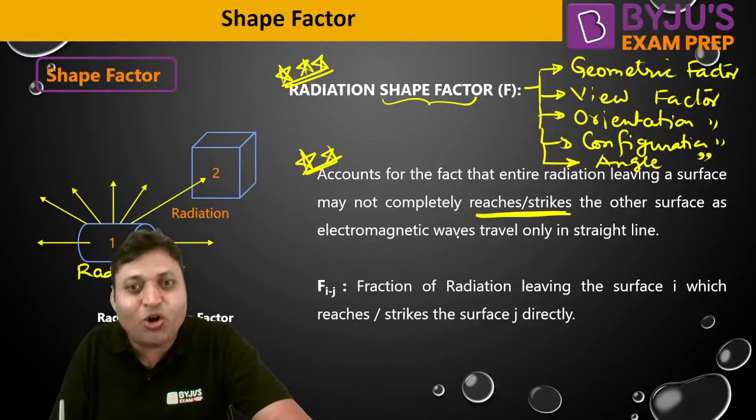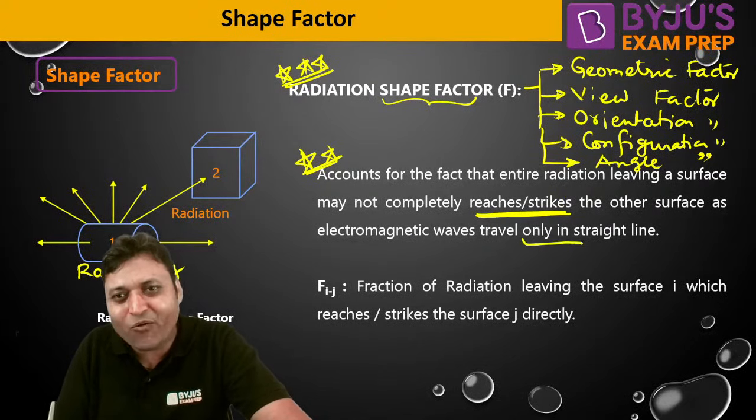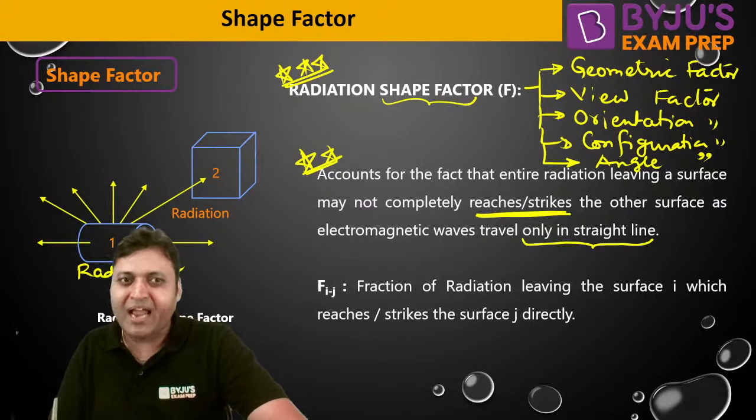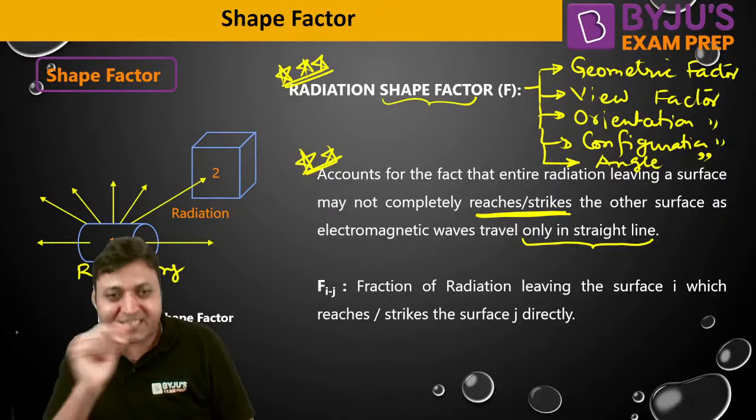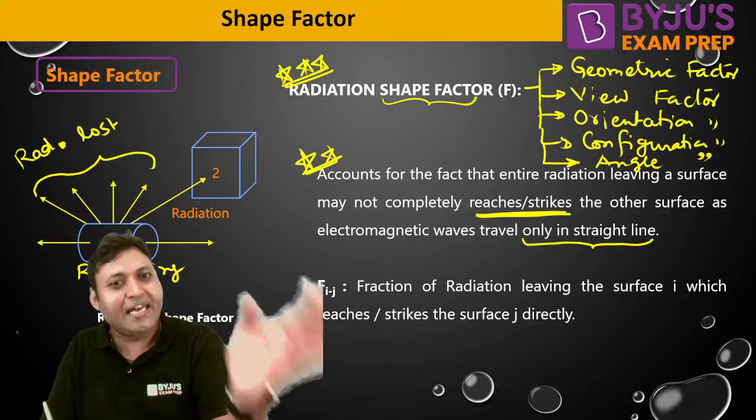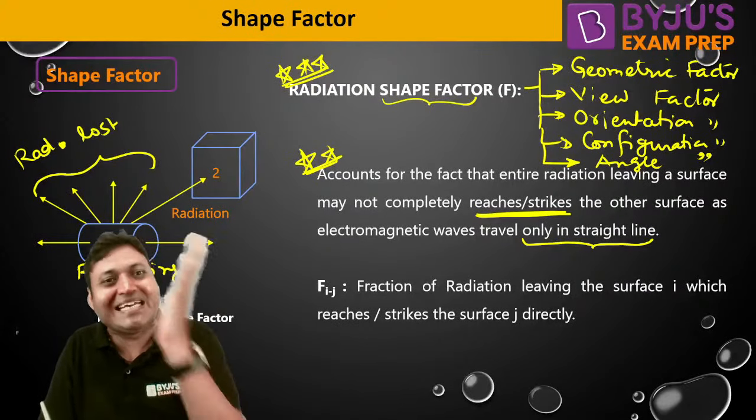Because electromagnetic waves always travel in a straight line, as I told you in the first lecture. That is why some of the radiation may be lost to the surroundings.